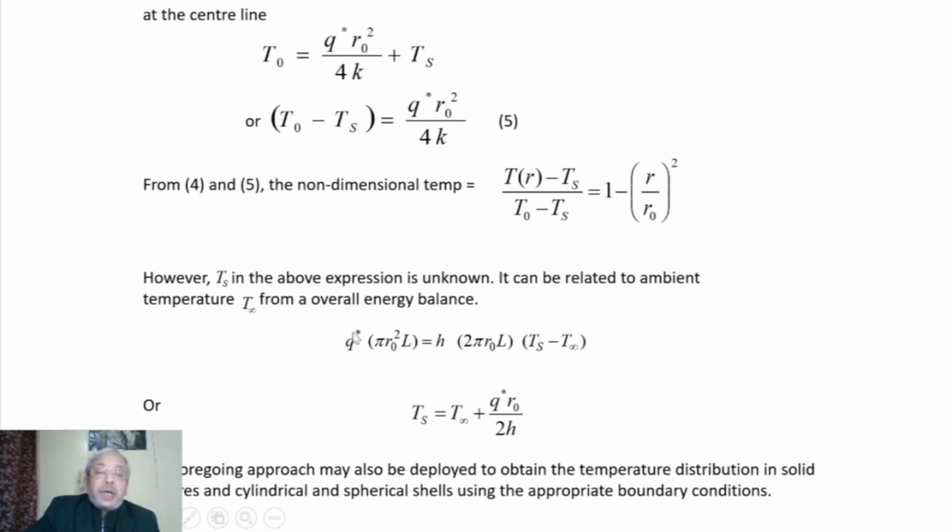That means Q star, uniformly distributed volumetric heat source, into the total volume, that is pi R naught square into L, equal to H, the heat transfer coefficient, into the surface through which heat transfer is taking place, outer surface, twice pi R naught into L, multiplied by Ts minus T infinity. So from here we can get Ts equal to T infinity plus Q star R naught by twice H.